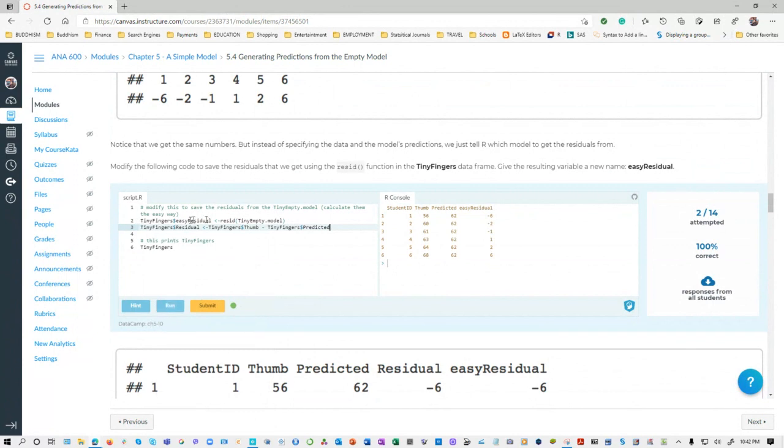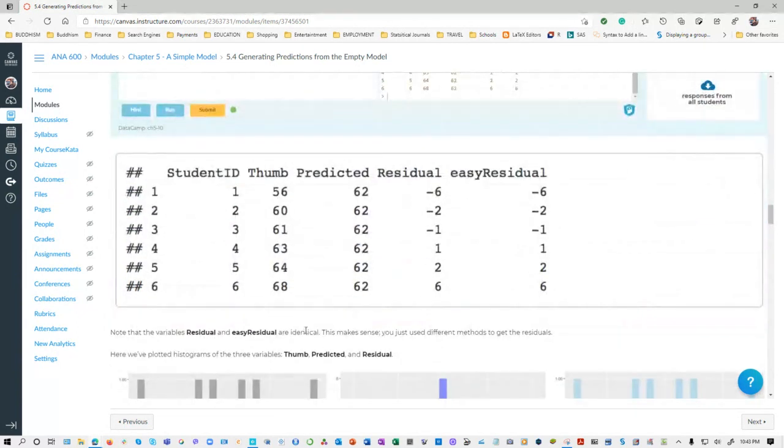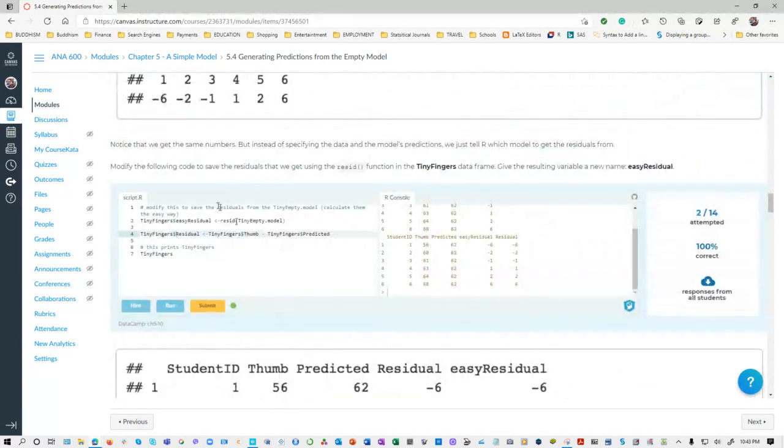I call the residual, and this one. You can get both ways, easy method and long way. You calculate the residual this way, the easy method by giving the function resid, or by finding the difference between the predicted value and real value, which would also give the residual. Easy way, hard way, whatever, you simply call the residual, but they both give you the same thing. They're going to put it back, but in order to do that, you have to make sure you run that one.